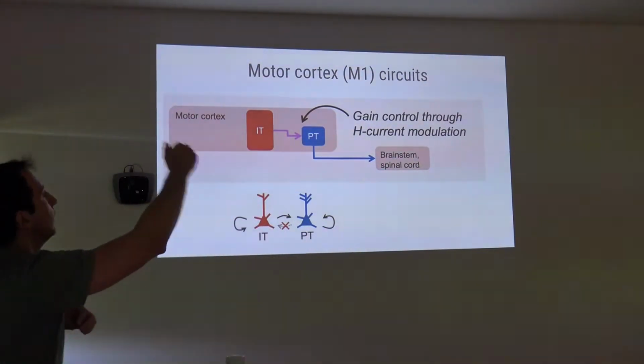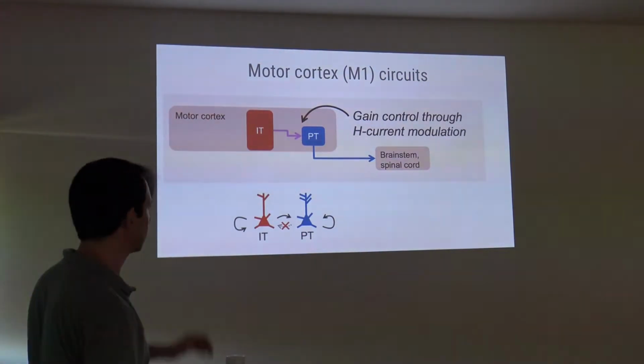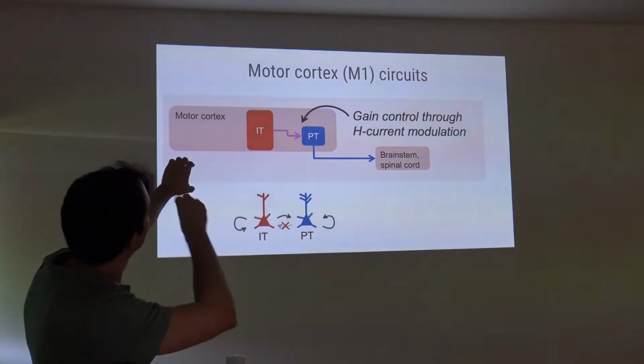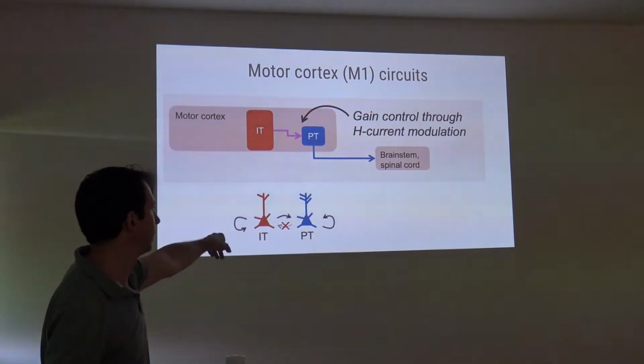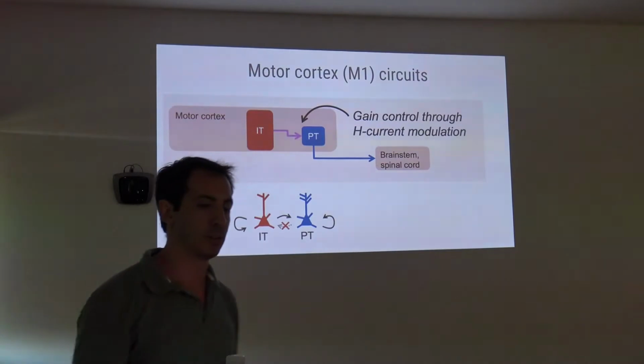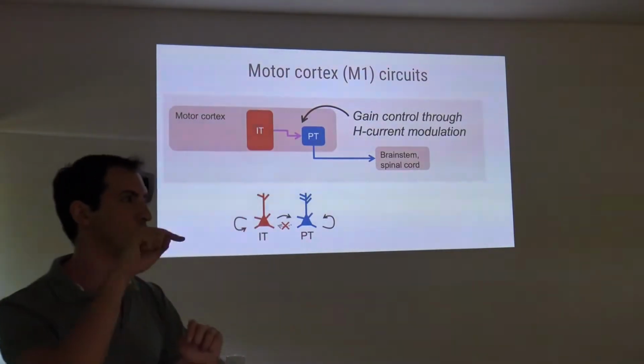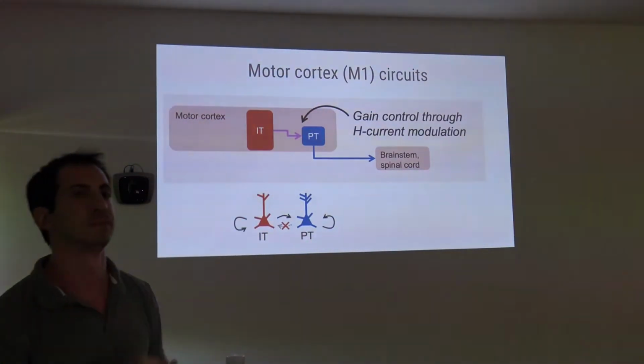So it's a two-step process where ITs process information, send it to PT, and then to spinal cord. So you see in the diagram here, a very important connectivity feature is that we don't have these connections back from PT to IT, only that way.